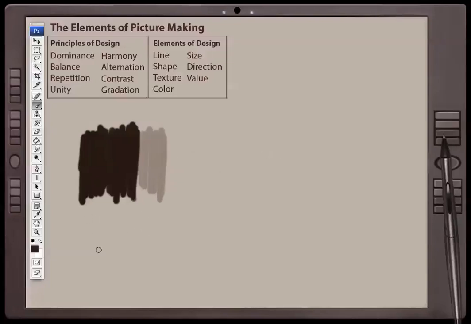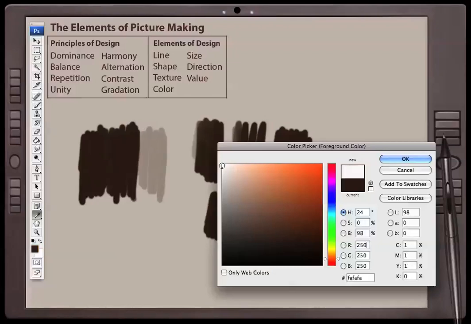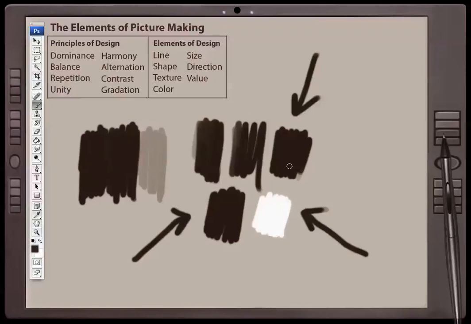Dominance through size. Dominance is also achieved by repeating an element like this. And I'll add another dark here, and then another dark over here. But now I'll add a white. Which value do you think dominates? Of course, it's the dark value, because there is more of this dark value than there is of the white. And more of that dark value is gained through repeating that dark value.